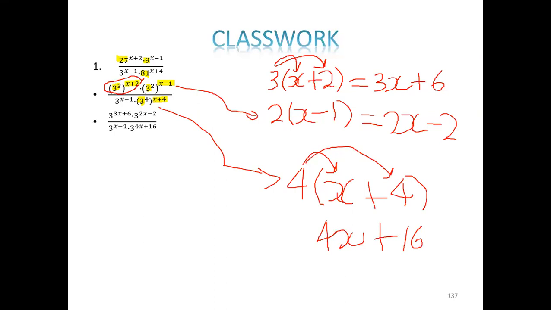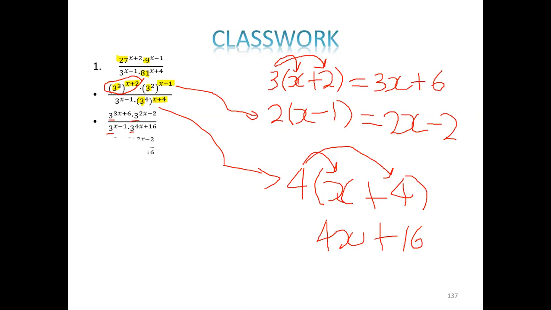Once you have simplified it this way, where you have multiplied the exponents, there's nothing else you can do. In the numerator, you will notice that you're simply multiplying a base of 3 with a base of 3. When the bases are the same, you just add the exponents. So I'm going to add 3x plus 6 with 2x minus 2. In the denominator, I also have a base of 3 and a base of 3, so I'll add the exponents: x minus 1 plus 4x plus 16.